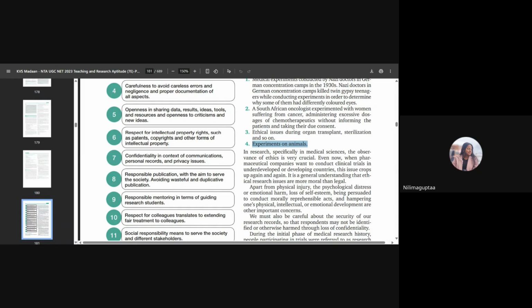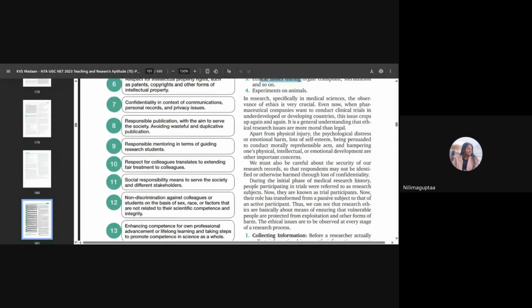Many times you might have seen people complain that you should not do research on animals, including rats, because at the end of the day they also have a life, but they cannot speak. Then there are ethical issues on organ transplant, sterilization, and so on.